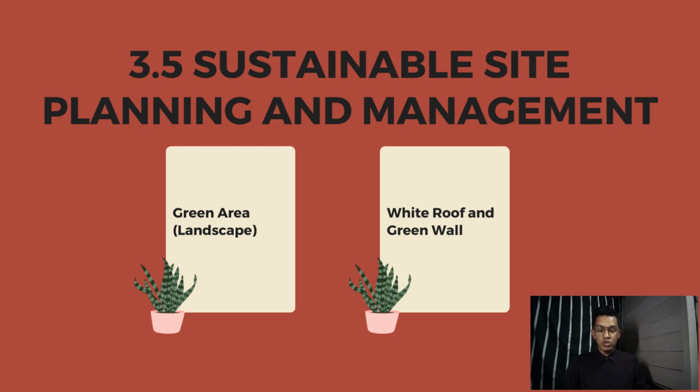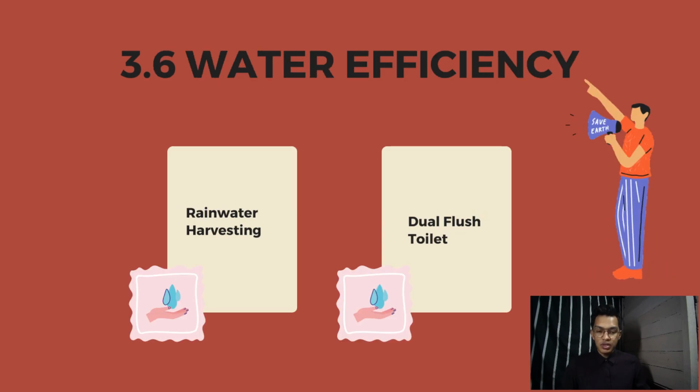For the roof, we use a white roof, and for the wall, we use a green wall. The last criteria is water efficiency. We provide rainwater harvesting to collect water from the rain, and we also use dual flush toilets to save water usage.